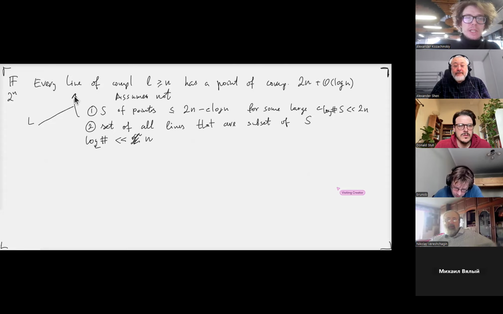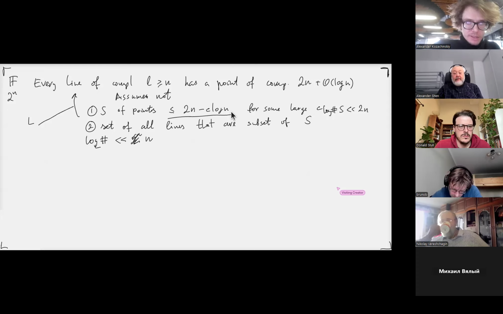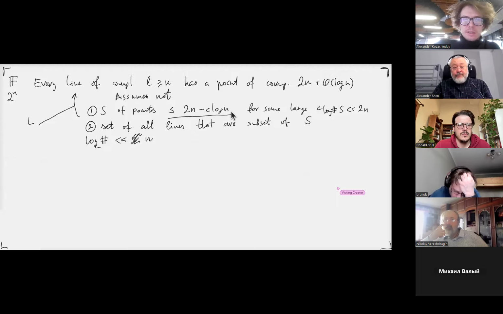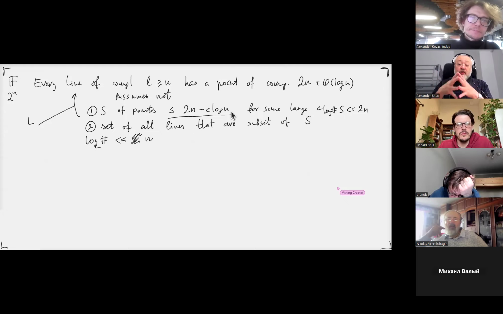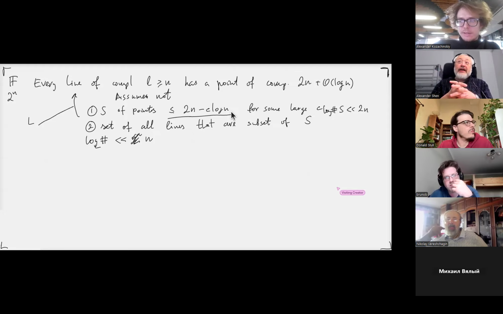We assume for contradiction that there exists a line of large complexity that has only simple points from S. We consider the set S of all points with small complexity. But then all the lines that are subsets of S have low complexity, because we can first enumerate all points of small complexity, and then we can enumerate the lines which go only through those points.